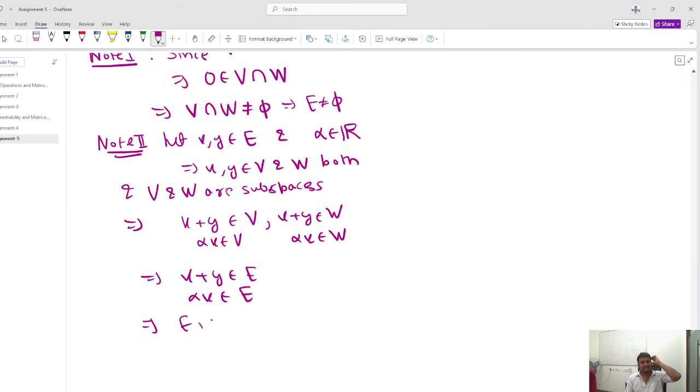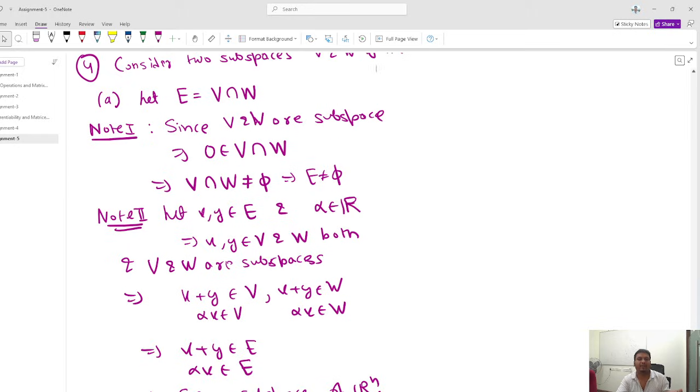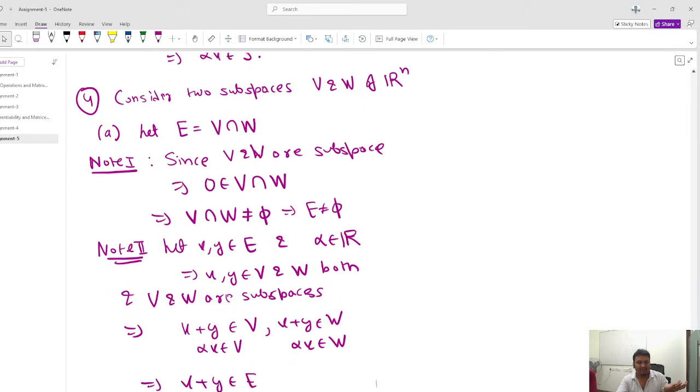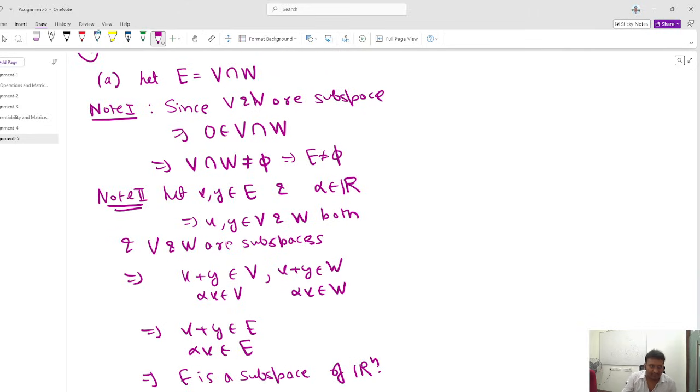That E is a subspace of Rn. Tell me, have I used anything about Rn here? I just have used the properties of vector space, or vector subspace. So your homework is like what I have done above.